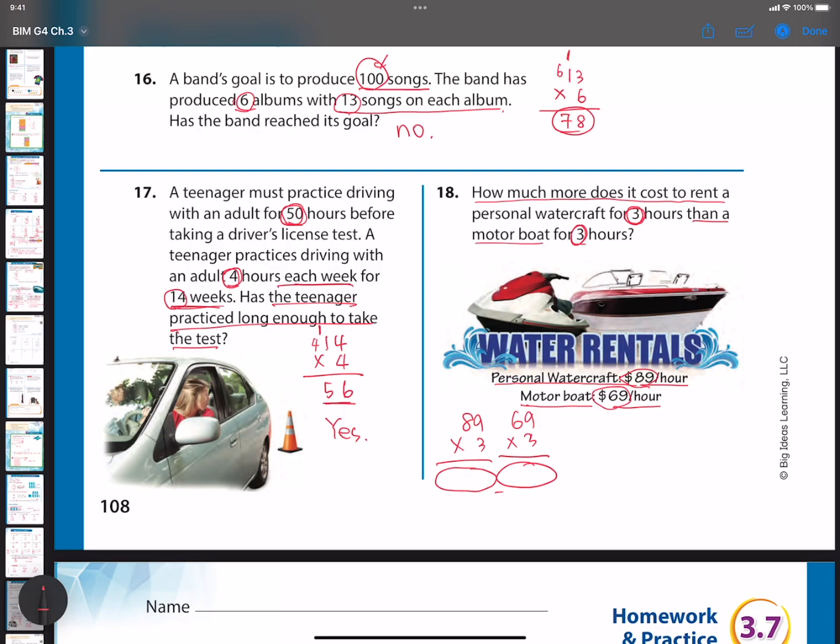Since they are going to ride the same 3 hours, I'm going to find the difference already here. What's the difference? Yes, $20, right, per hour. Now, how many hours? 3 hours, which is what? The difference is $60. Okay? If you want to practice more, yes, go ahead.